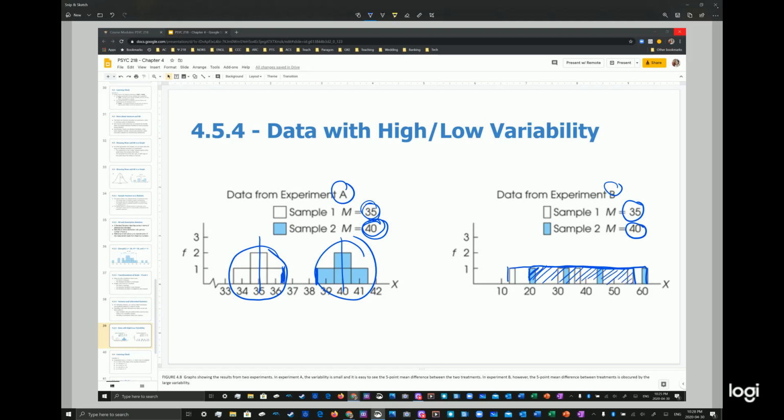And notice how much of the distributions, both of them have an overlap here. It would be like a Venn diagram like this. And you kind of go, wow, there's so much overlap between the distributions and between the circles. If we're looking at the Venn diagram, they're really close together. I can't really say anymore whether the two samples are really different because of the high variability.